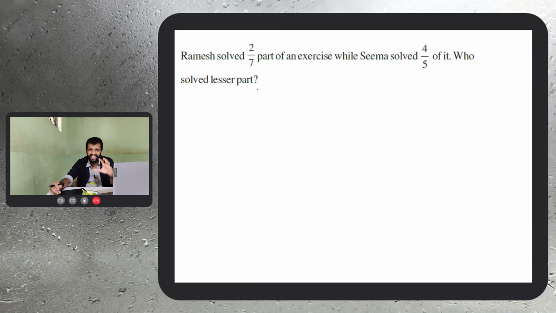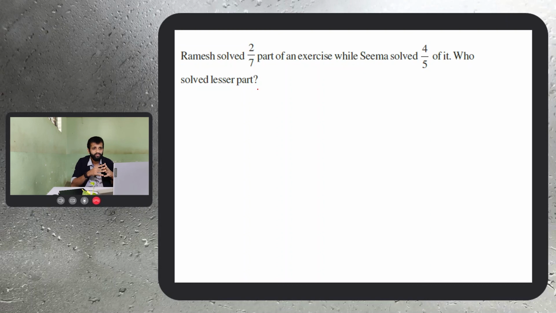Alright, so let us take another example, a different problem actually. Ramesh solved 2/7 part of an exercise while Seema solved 4 upon 5 of it. Who solved the lesser part?